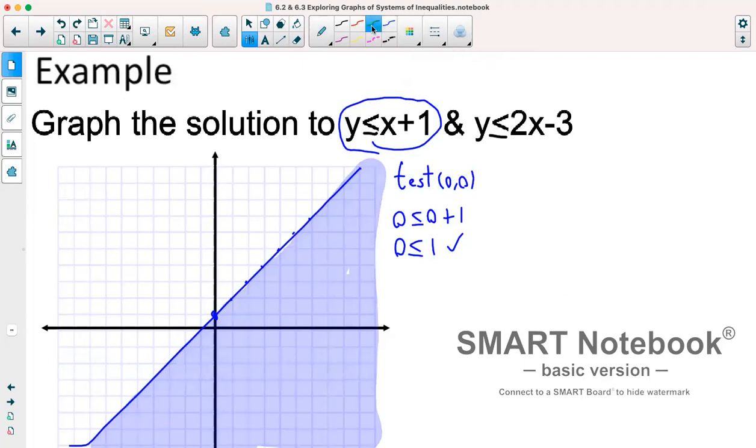Okay, so next we will do the next equation, which is this one here. So we have a y-intercept at -3, a slope of +2. It also had to be equal to, so it's going to be a solid line.